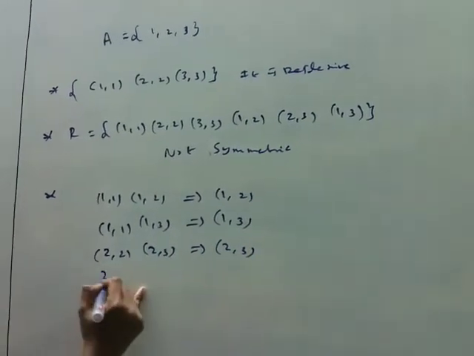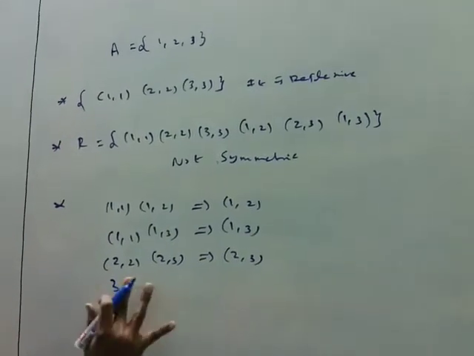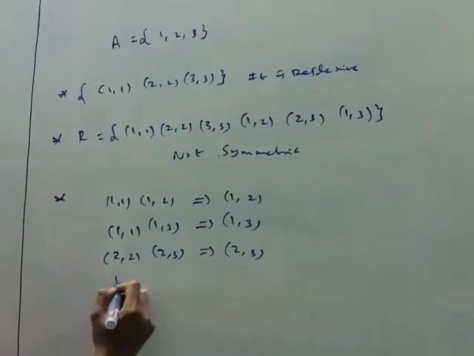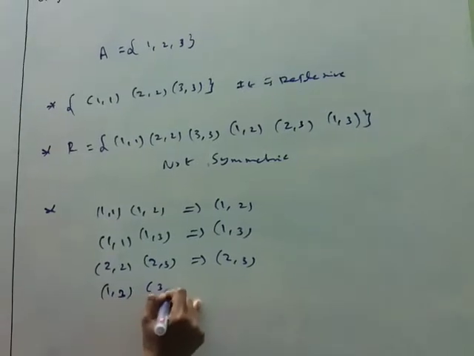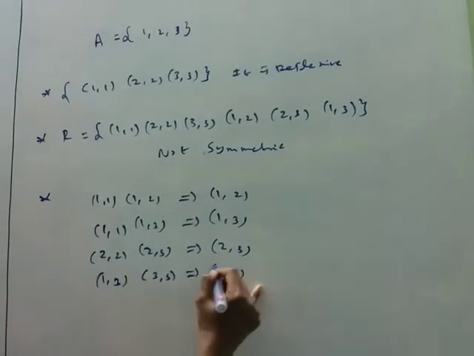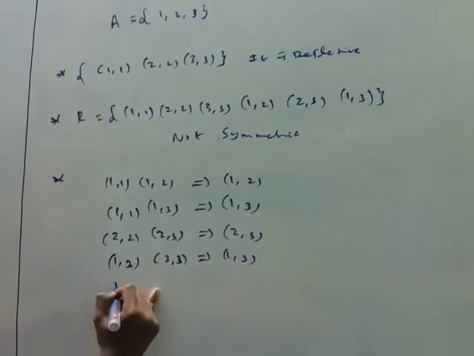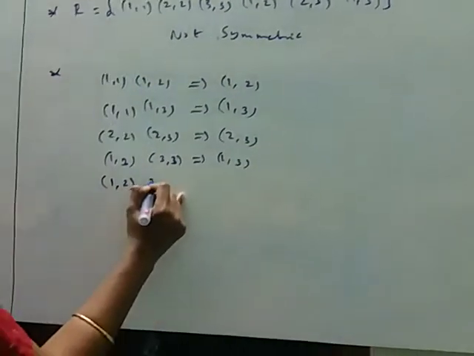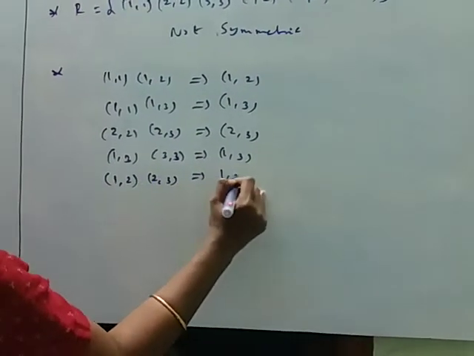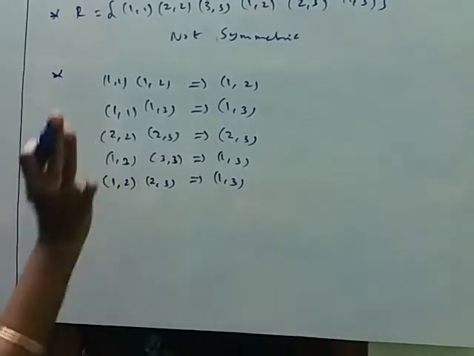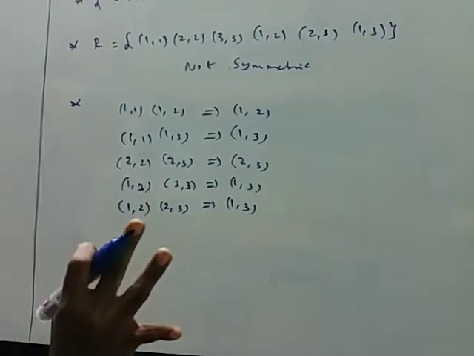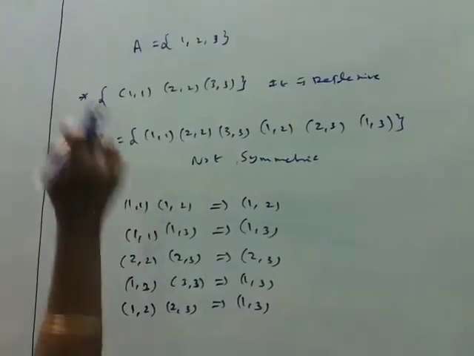Okay ma? 3 comma 3, nothing starts with 3 other than that. 1 comma 3 and 3 comma 3 implies 1 comma 3 will be there. And 1 comma 2 and 2 comma 3 implies 1 comma 3 will be there. So all the possible transitive elements are there ma. So it will be transitive.